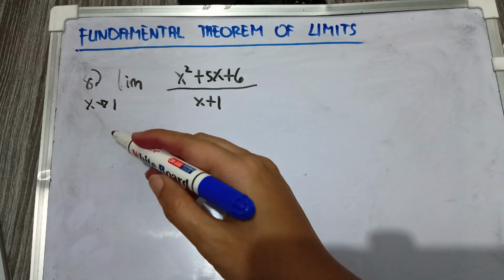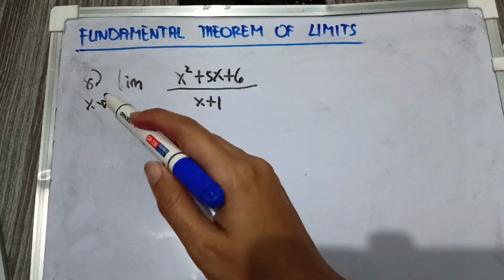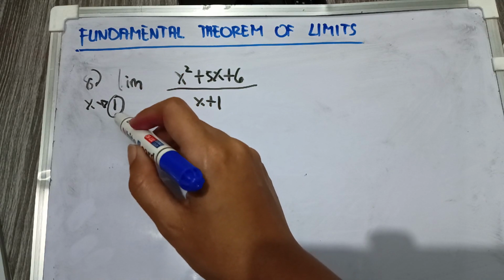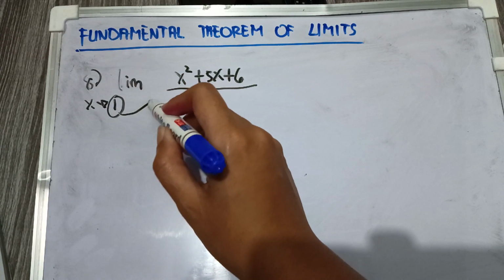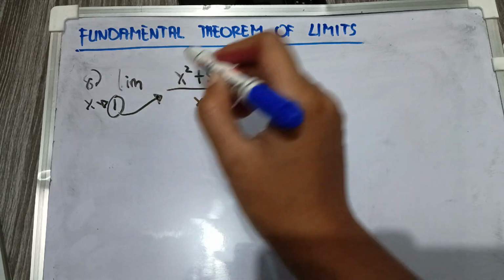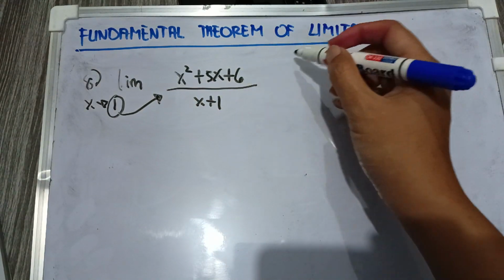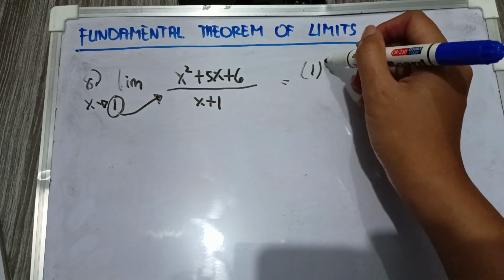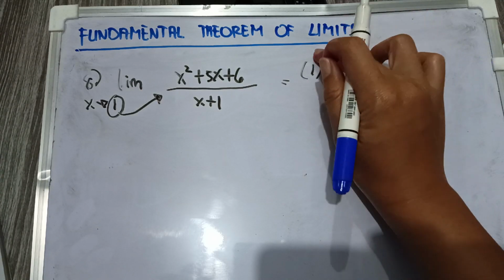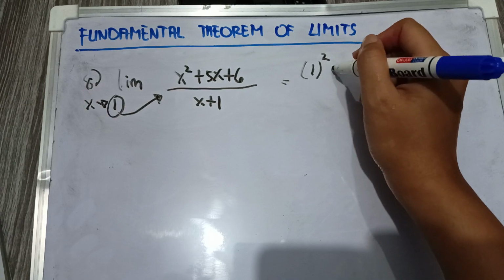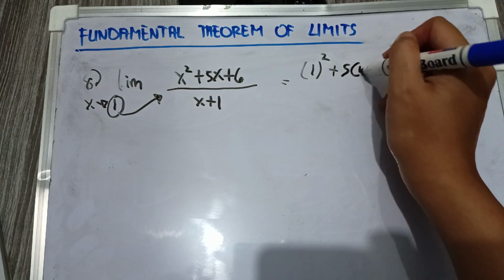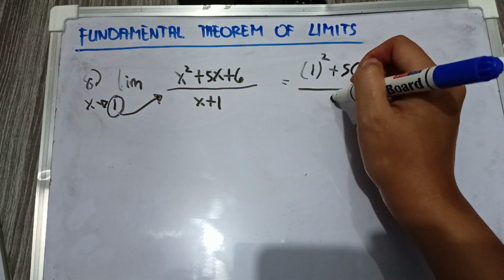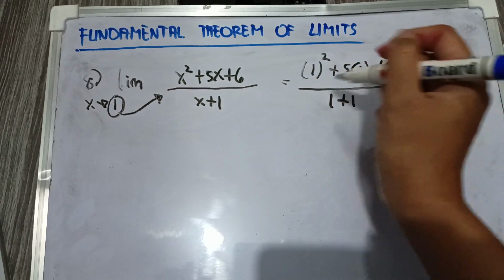In this case, we can substitute the value of x directly to all of the variables in here. So the answer will be 1 squared plus 5 times 1 plus 6 all over 1 plus 1.